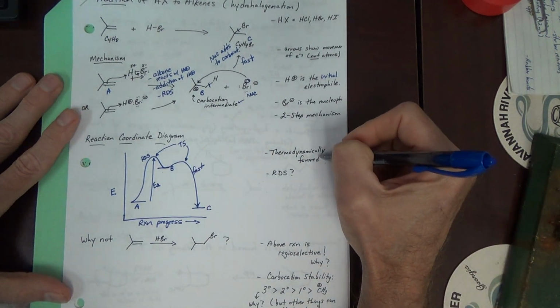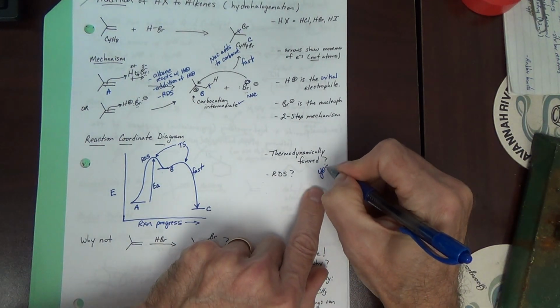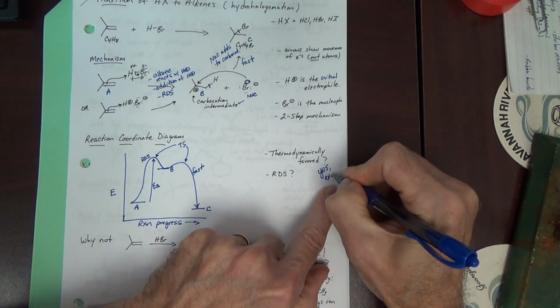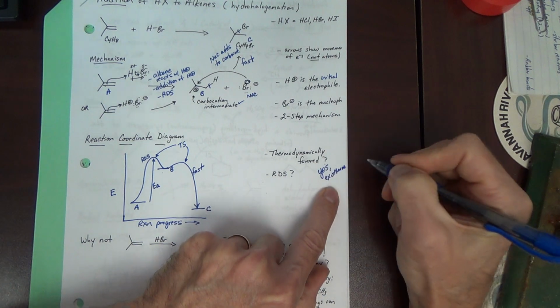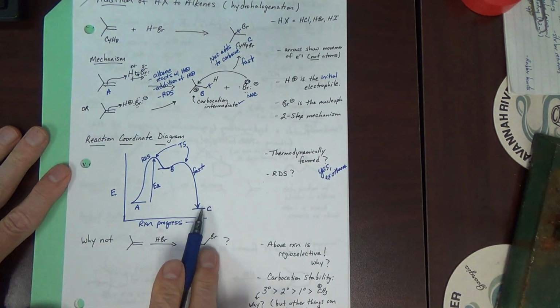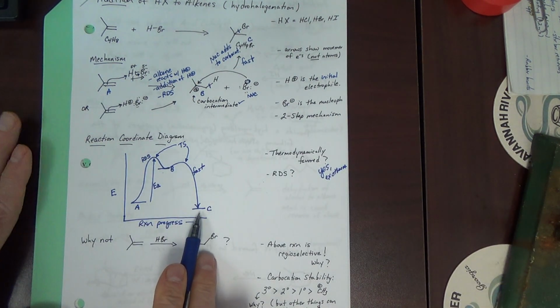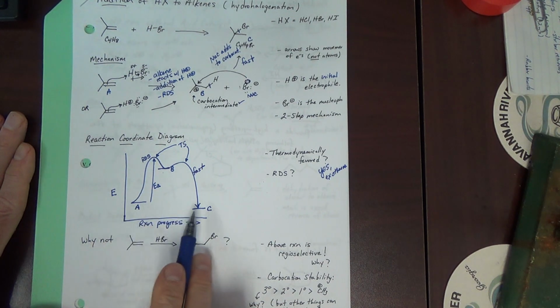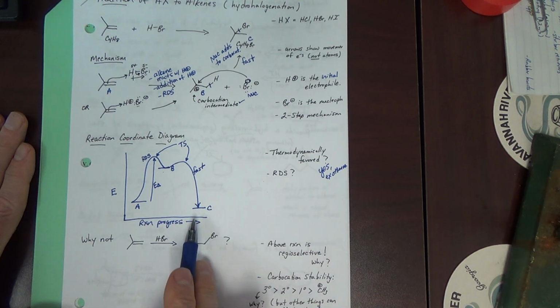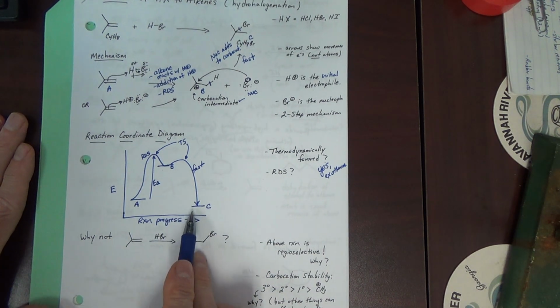Is this reaction thermodynamically favored? Yes. It's exothermic. As we showed here, I get a lot of students saying, yes, it's exothermic, as shown here. Well, we showed this. So just because we showed it, that's not the proof.